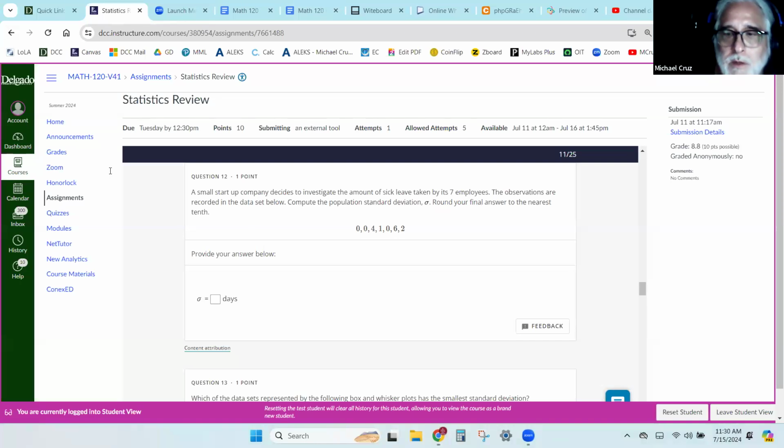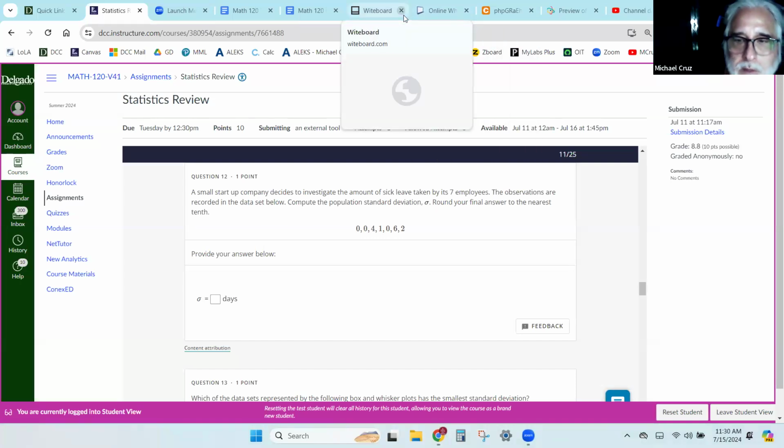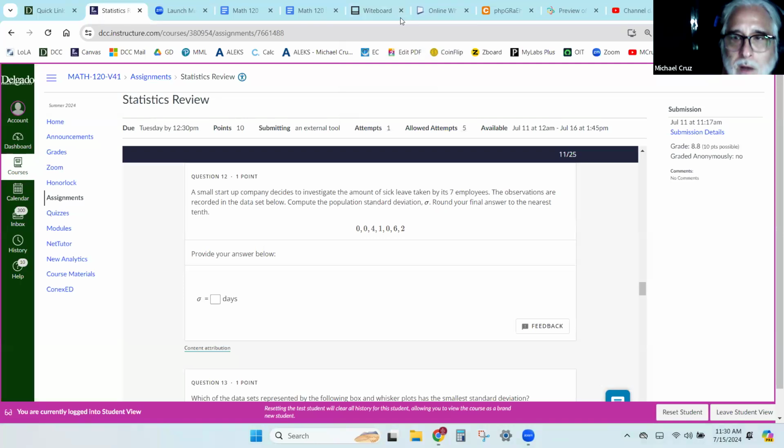All right. So a small company decides to investigate the amount of sick leave taken by its 7 employees. The observations are recorded in the data below. Compute the population standard deviation.